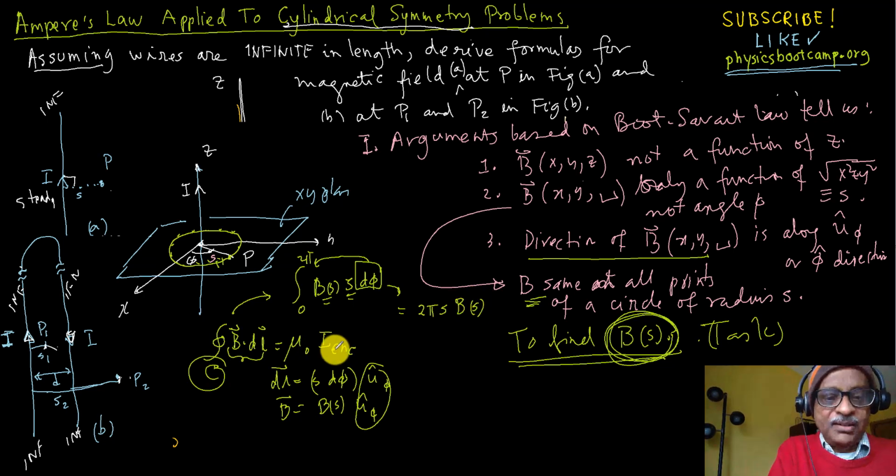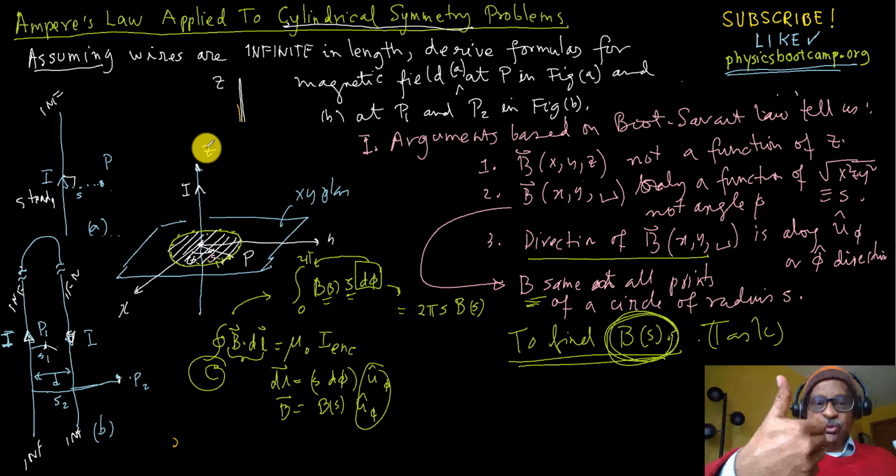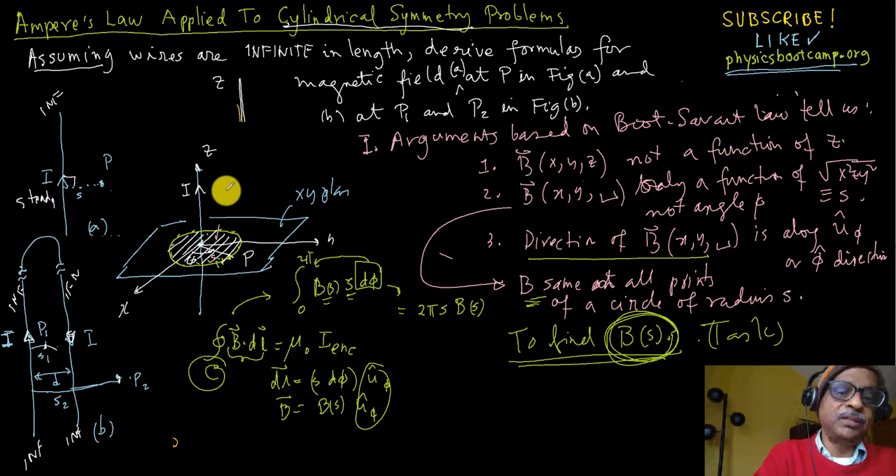How about the right side? For the right side, I ask a question. This is the area that's enclosed. Is there any current going through, and in which direction? So I use the right hand rule. That tells me the direction here is the positive direction. So the current going in that direction will be positive.